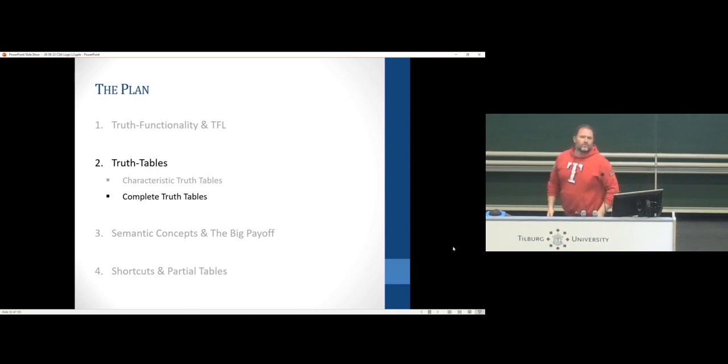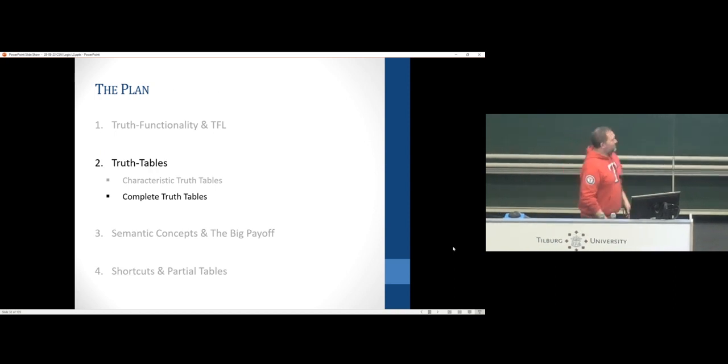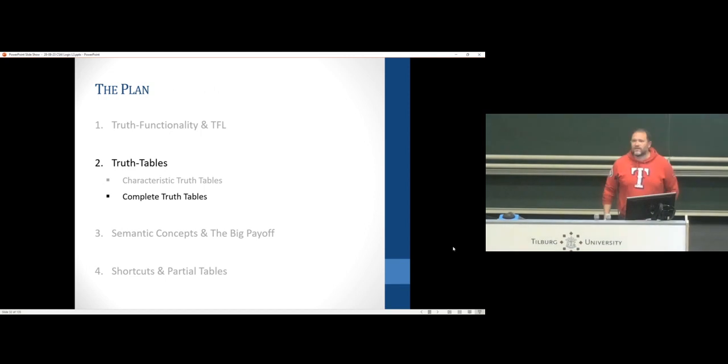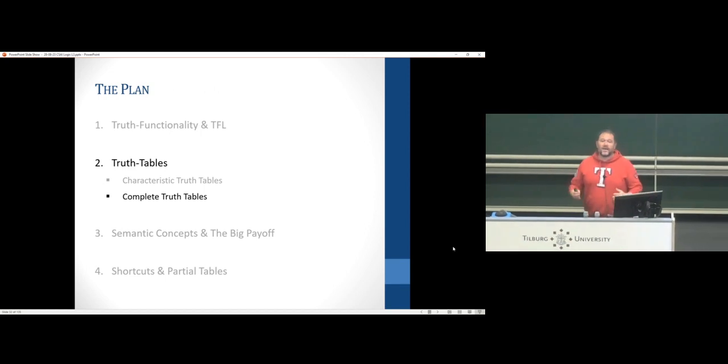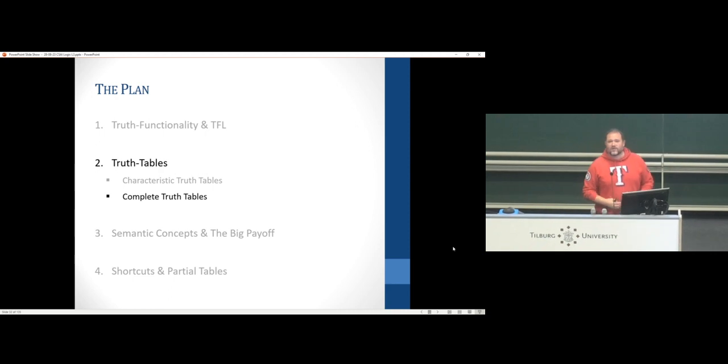Okay, so the next step along our little path here is going to be taking the stuff that we've done, right? So taking these characteristic truth tables, and we're going to start stitching all of these things together. So our next move is going to be constructing what we'll call a complete truth table.